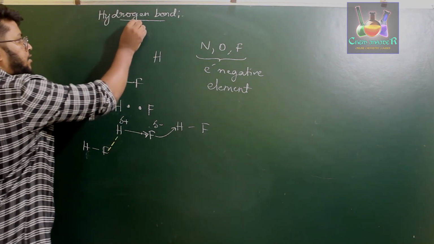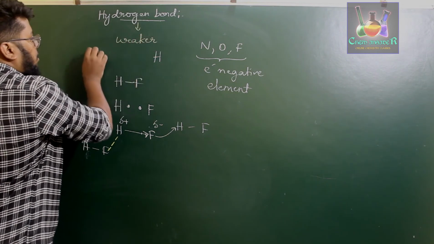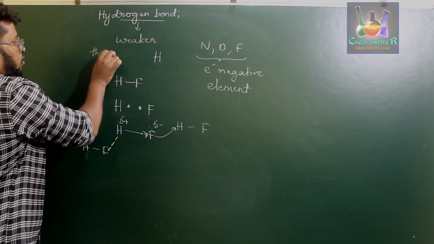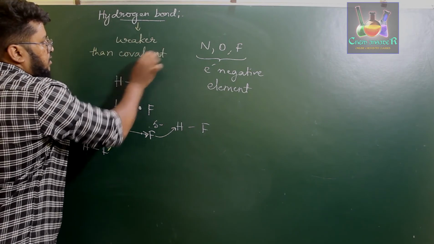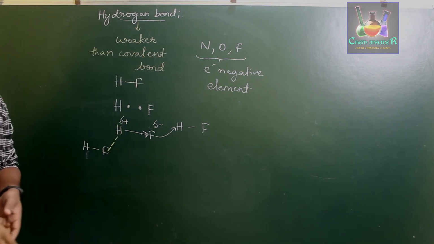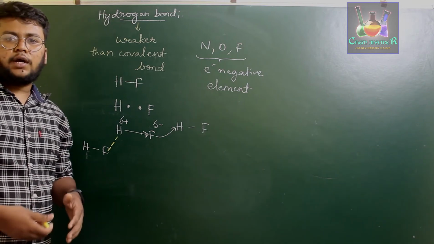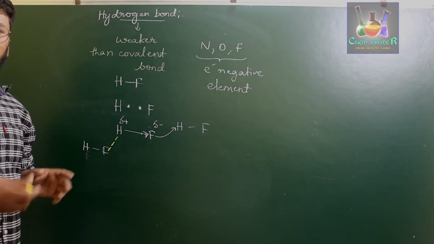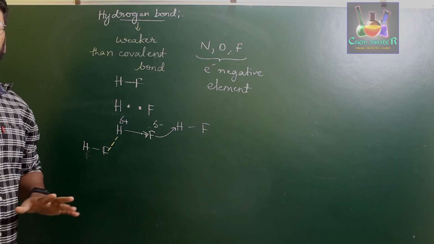Remember, this hydrogen bonding is weaker than a covalent bond. Further, we have to know that compounds which have hydrogen bonds will have higher boiling points and melting points when compared to compounds of the same molecular mass with no hydrogen bonding.